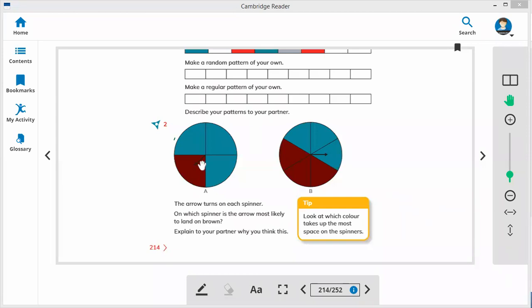So look here, the arrow is turning on each spinner, each circle. So which is going to come on A? You can write on A, it is blue. Here you can write, wherever you have space, you can write. It will be on blue. And here is the chance that it will be on brown. Okay, most likely it can be on brown.